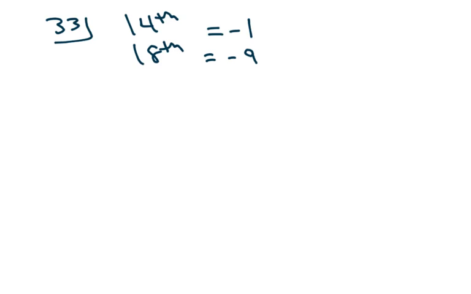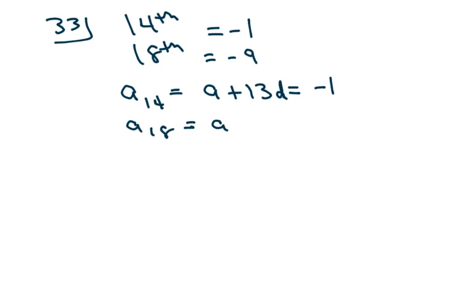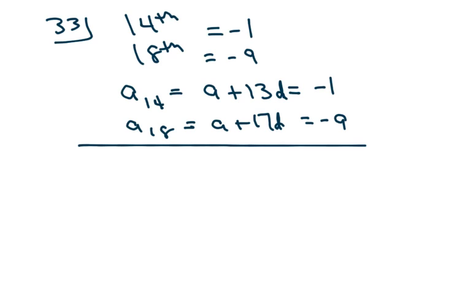So we're going to write this as a of 14 equals first term plus 13d, which we already know equals what? Negative 1. A sub 18 equals a plus 17d, which equals negative 9. We're going to subtract all this, and we'll get negative 4d equals negative 8.